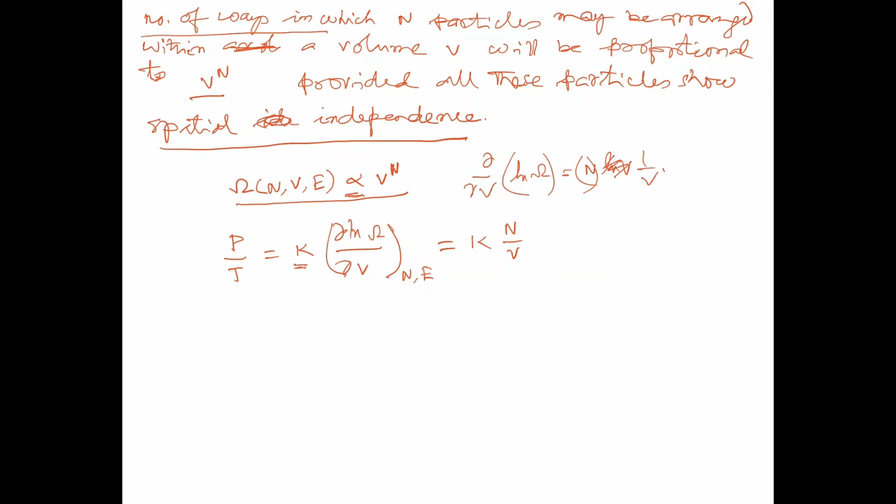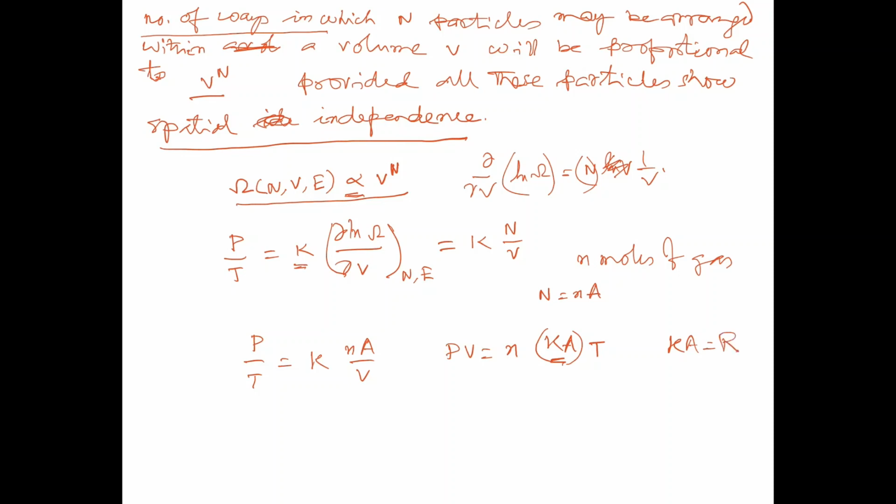Now if the system contains n moles of gas, then capital N is equal to small n into A, and then we get P by T equal to k N A by V, or PV equal to n k A multiplied by T, and this k into A we take as R, a constant, so PV equal to nRT, and that is a well-known equation which we call the ideal gas equation.